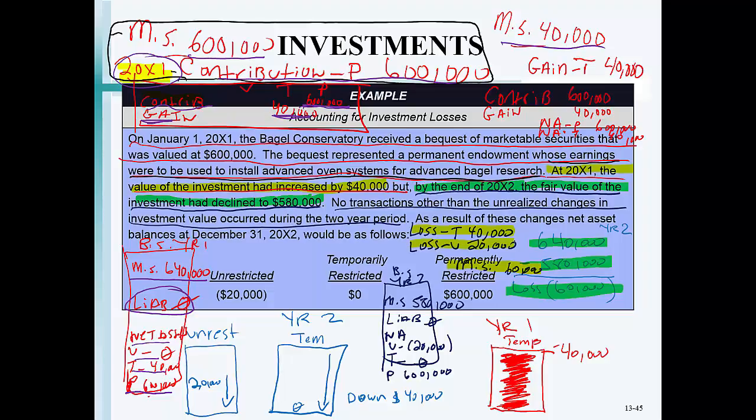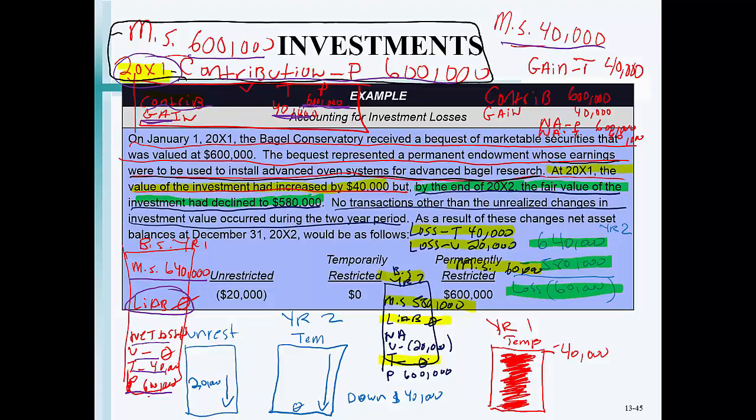Okay. So when I go ahead now and prepare my balance sheet for year 2, there's my security. It's at 580. The liabilities are still 0. Nothing else happened there, right? The temporary restricted, let's do that first. The temporary restricted was at 40,000.